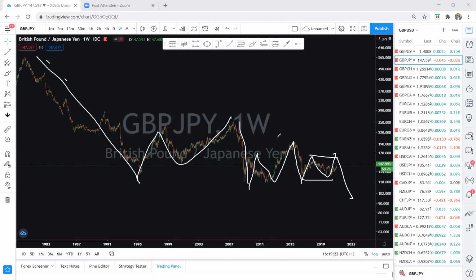So this will be W, this is X, and then you should have a move to the upside to make Y. It's W, X, Y, and then a push to the downside for continuation of this move.